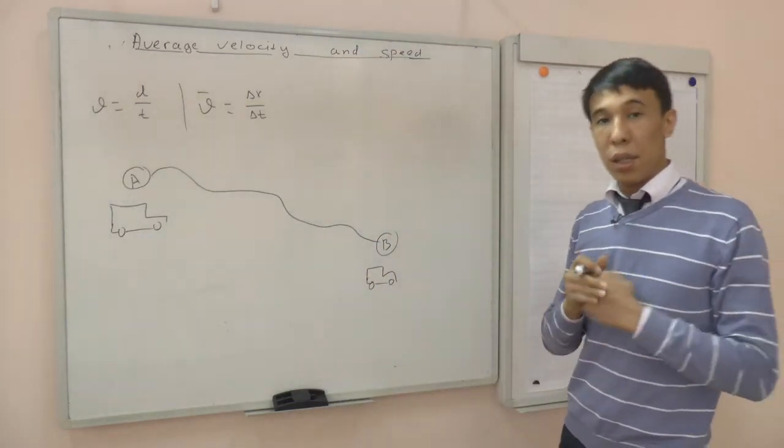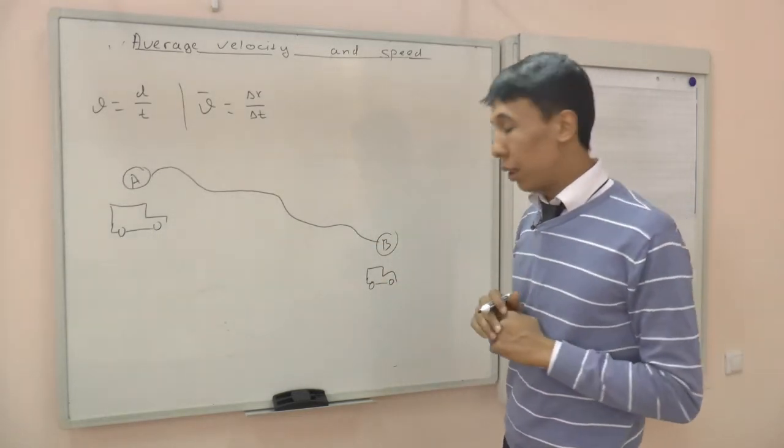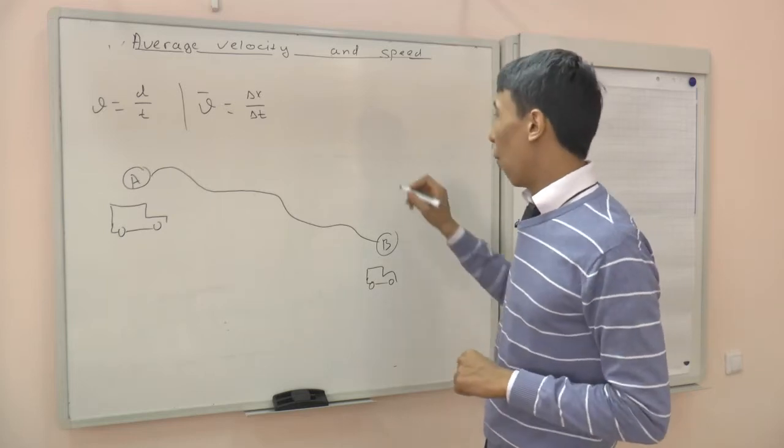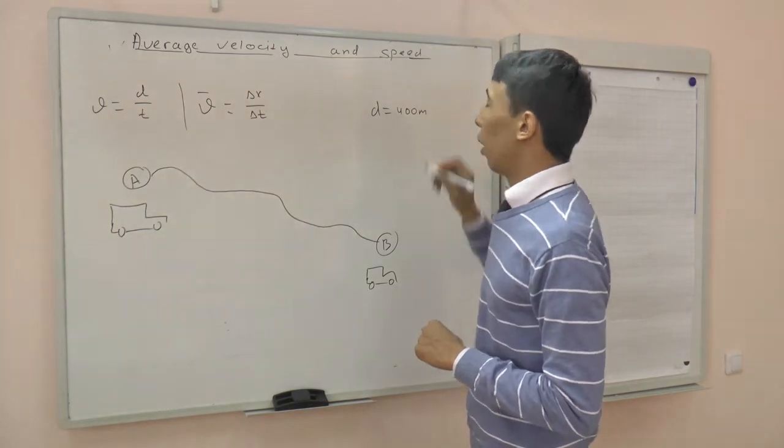And when he came to point B, the total distance which the car passed was 400 meters.